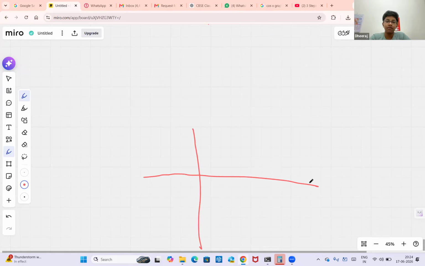On the y-axis, it will be minus pi by 2 to pi by 2. So it will be something like this. Now you know its domain.